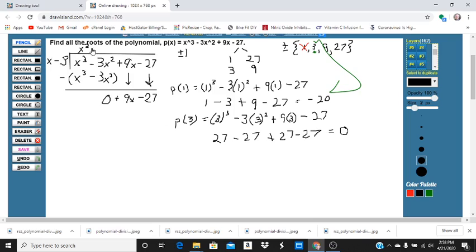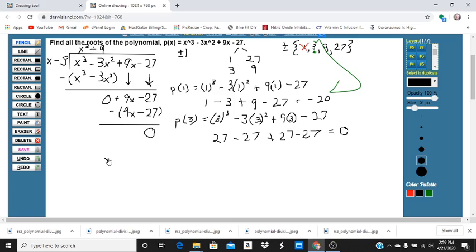It goes in positive 9 times. So 9 times x is 9x, and 9 times negative 3 is minus 27. Subtract that off, and our remainder is 0. Okay, so x squared plus 9 is a factor.